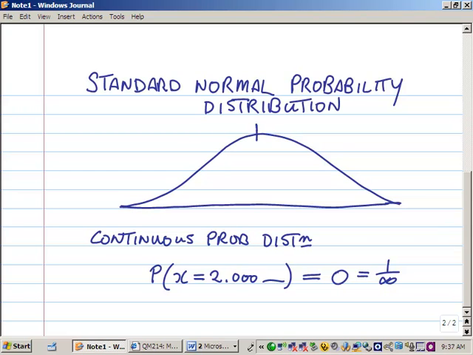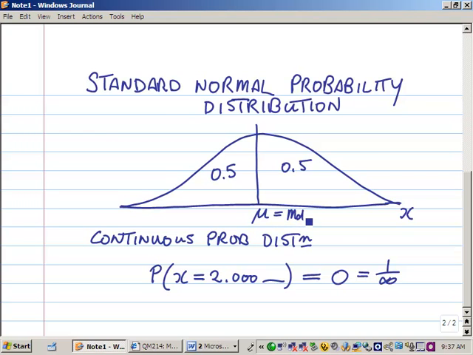The normal curve itself is symmetrical around its mean, and so we would have a distribution of x's symmetrical around its mean. The total probability under this curve is equal to 1, therefore there's a half on both sides of the mean since it's symmetrical. Since there's half on both sides, by definition this mean is also the median.